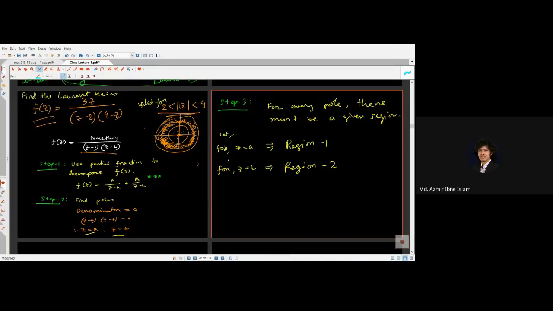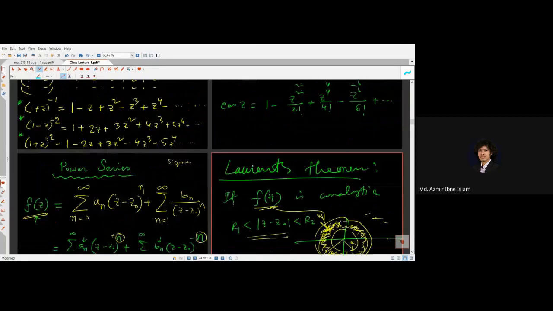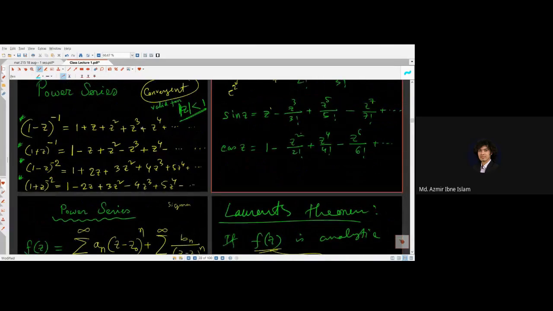Then what we have to do, because we are going to apply these formulas so that we can express any function in power series, and these formulas are valid for modulus of z less than 1, modulus of something less than 1. Remember, on the right side we have less than 1. That is the condition for convergence.